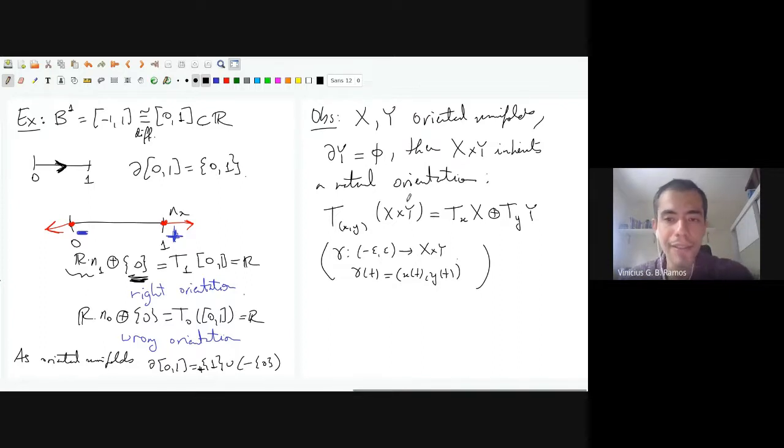So a basis of the tangent space of the product, you can think of it as a basis of the tangent space to X and a basis of the tangent space to Y put together.